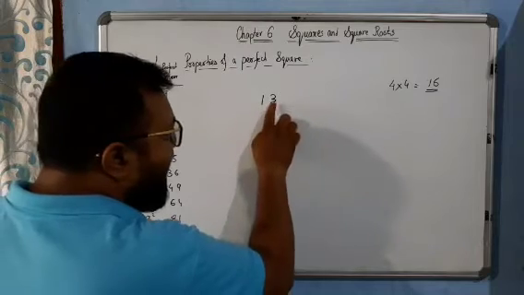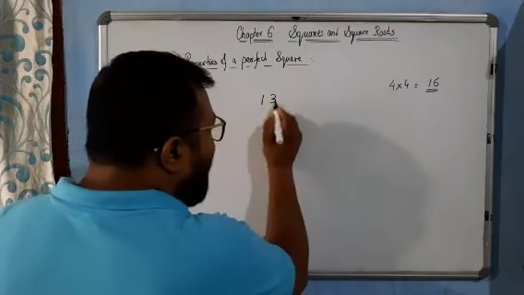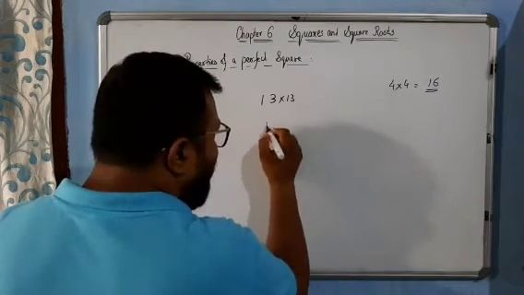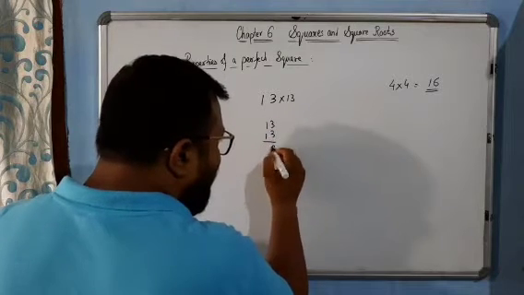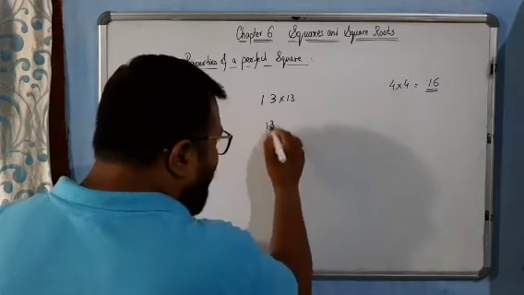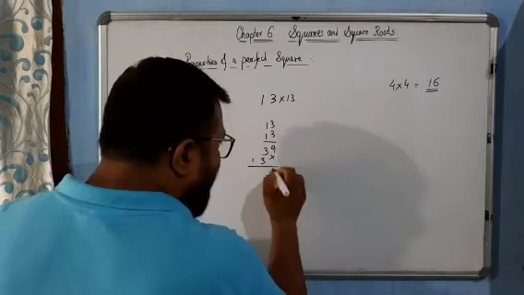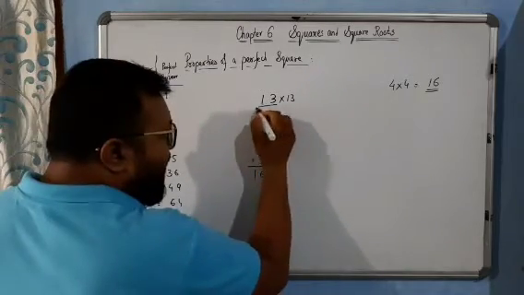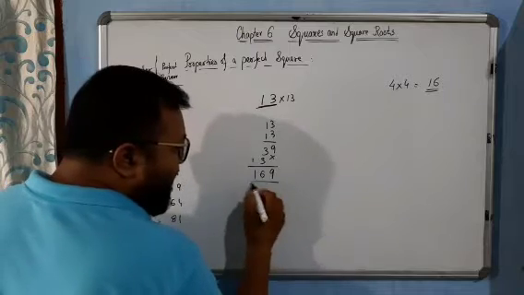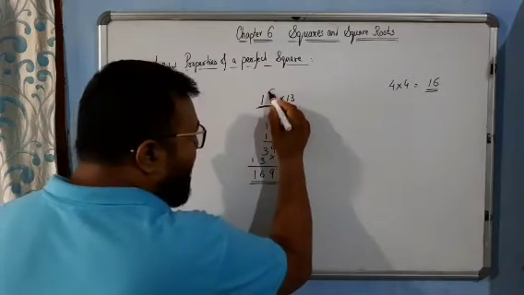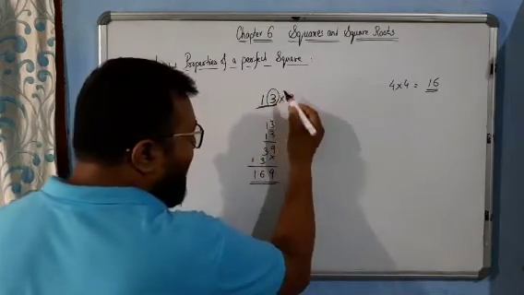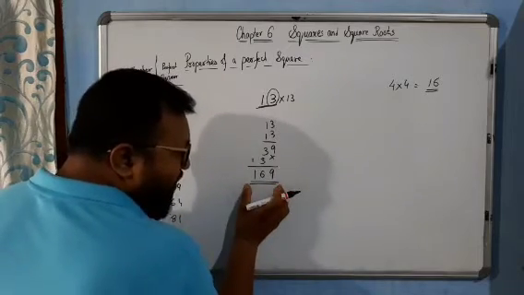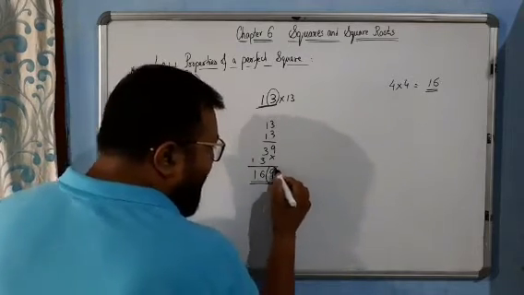Suppose we take 13. 13 into 13: 3 threes are 9, 3 ones are 3, 1 three is 3, 1 one is 1. So 169. We squared the number 13 and got the result 169, where the ones digit 3 gives a squared number having 9 at the ones place.